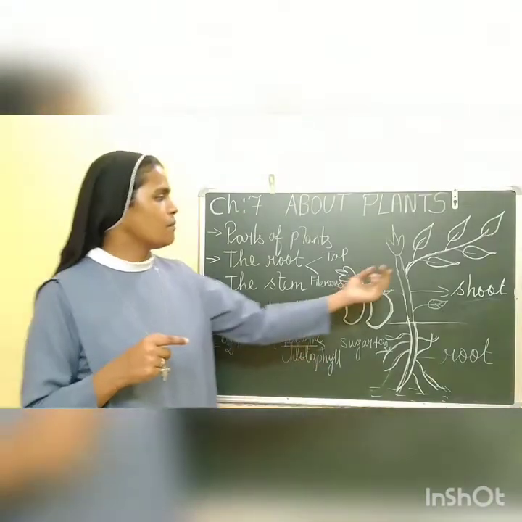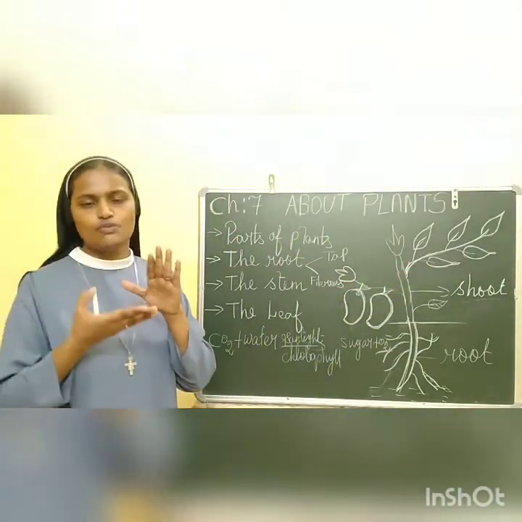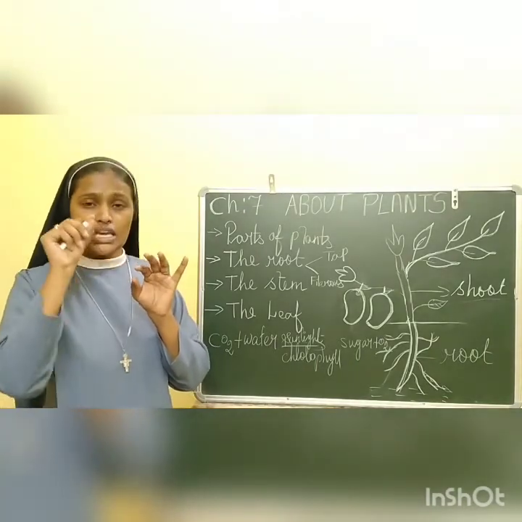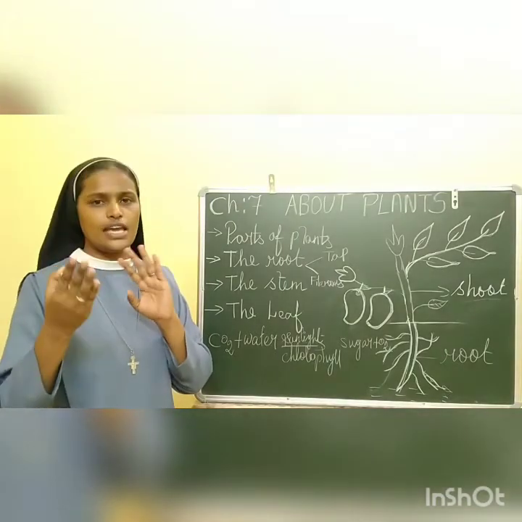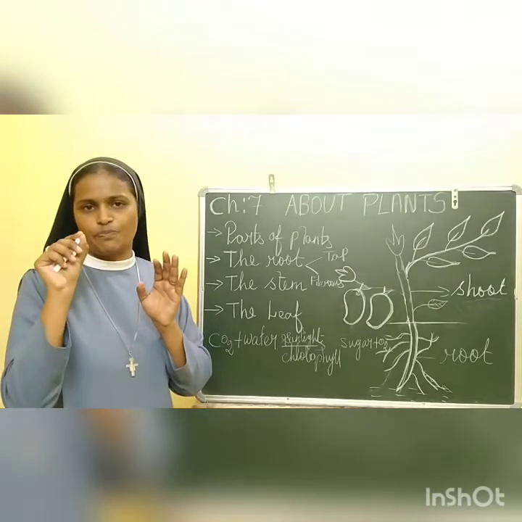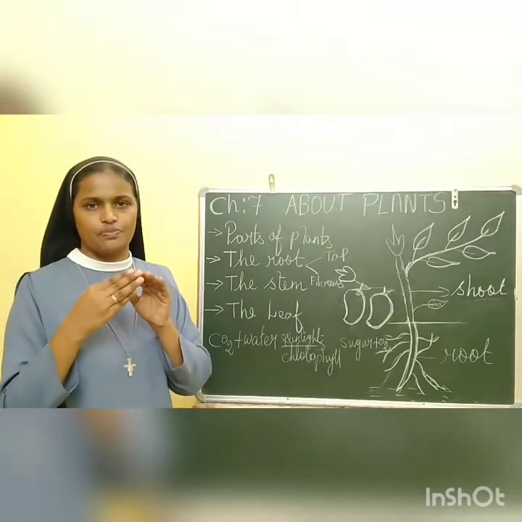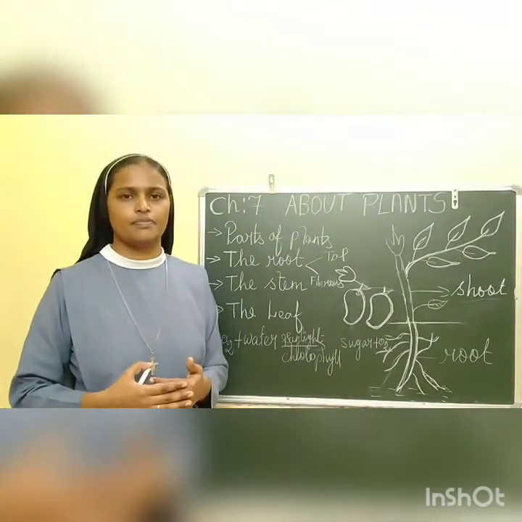If you take a leaf and look at the underside of the leaf, there are small holes. In these small holes the exchange of gas takes place. A single hole is known as a stoma and the plural is stomata. So these are the functions of the leaf.